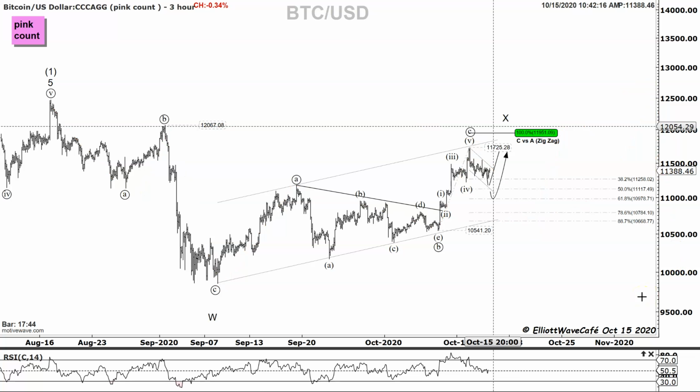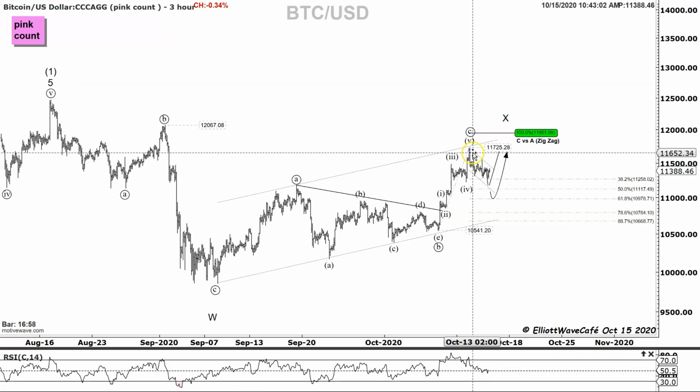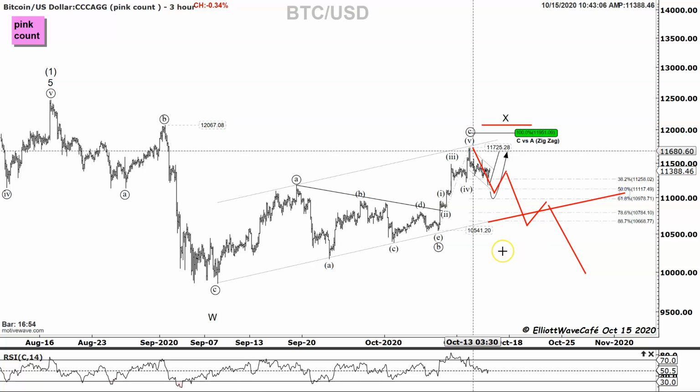So that's another possibility. But what I'm saying is this is not impulsive to tell me that this is a 1 to the downside here, that's a 2, you're going to get a 3, a 4, and a 5, and move to new lows and consider this wave done. So I got some issues here. I got some issues with the overall thing because, if this move was done in a wave C, I would have liked to see more of an impulsive move clearly to the downside, followed by a 2-wave pullback, and then start to attack the trend line.